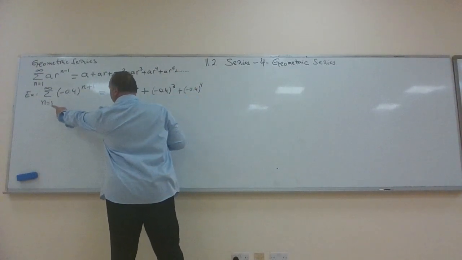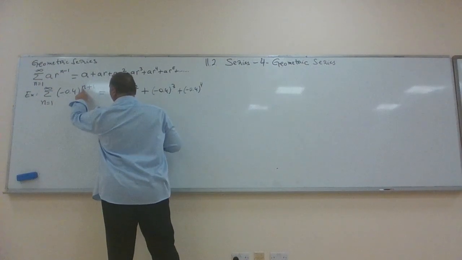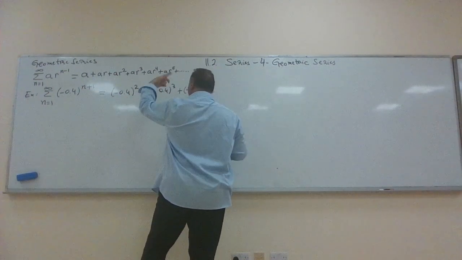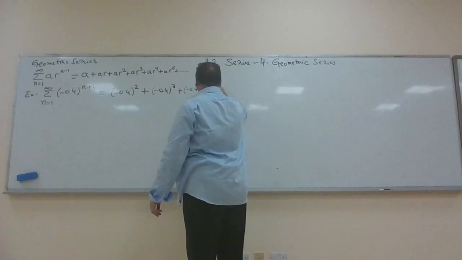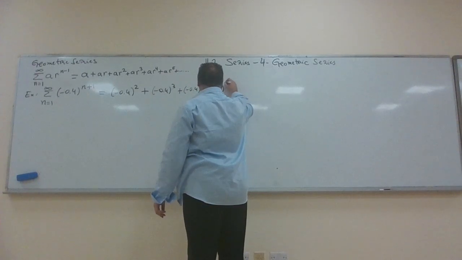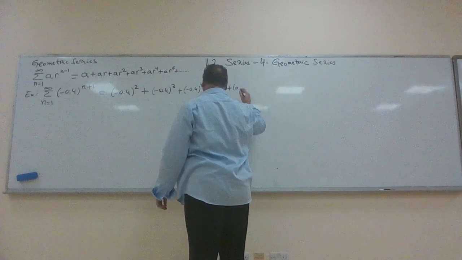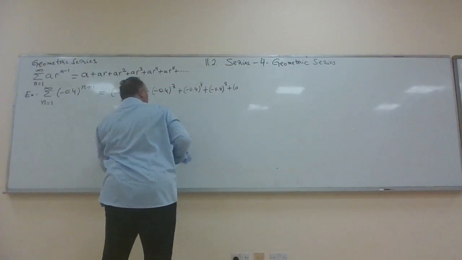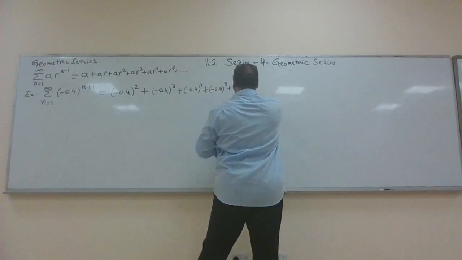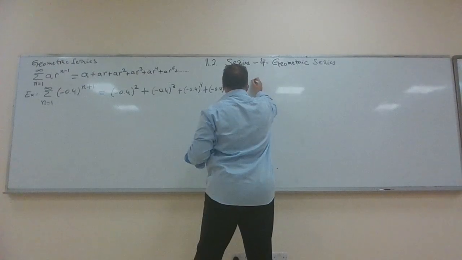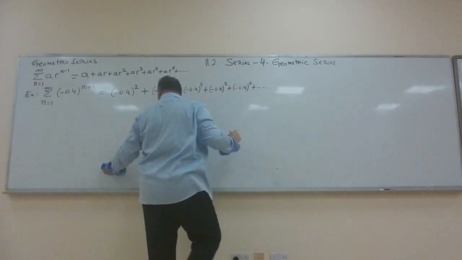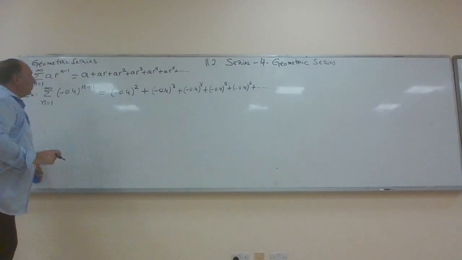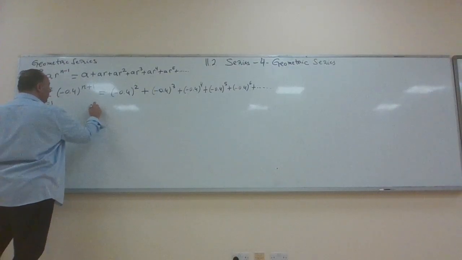So you see I need to be careful if I start from 1, 1 plus 1 is 2, then 3, 4. So it is important to be careful at the beginning, because otherwise we have the wrong A and then it's a huge problem. So here, things look a little bit different.